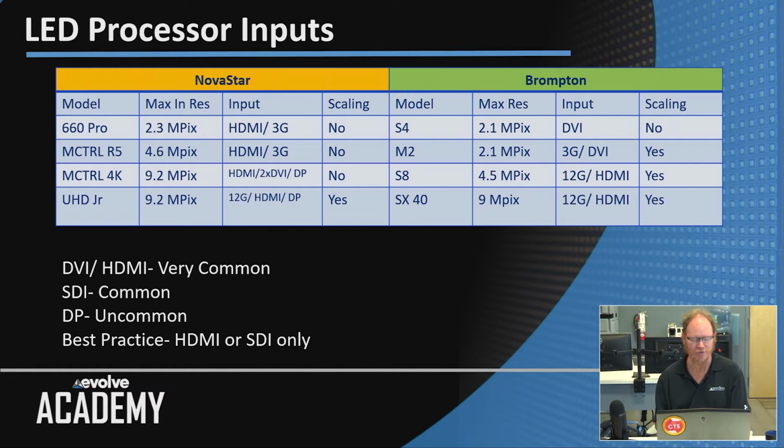All of the output cards in LivePremier, the SDIs are all 12G, but those are the connectors you probably want. The DisplayPort connectors, not that useful in LED world, just because the processors, the senders, the controllers don't have a DisplayPort connector.